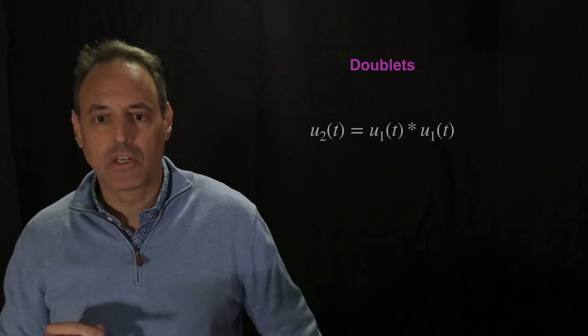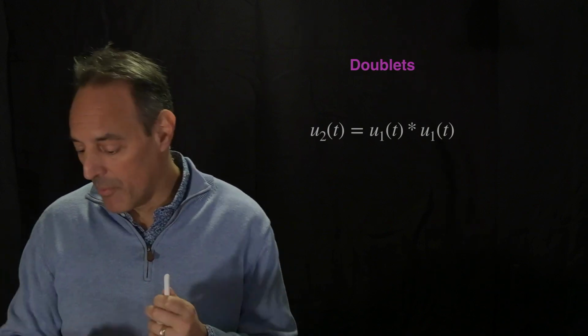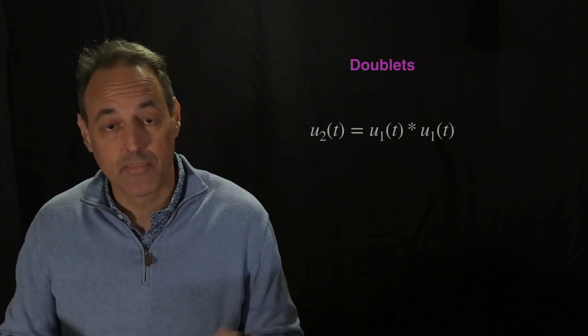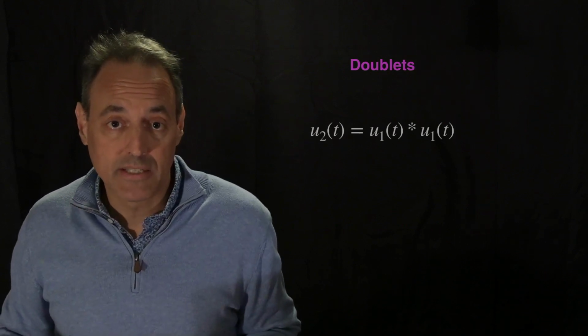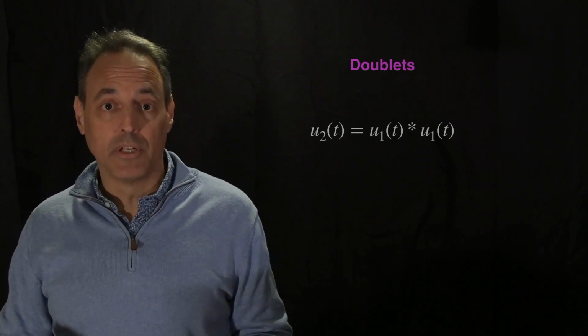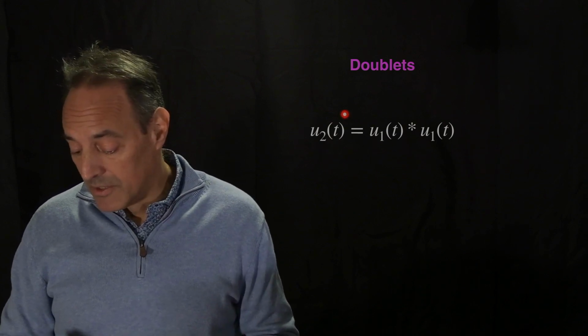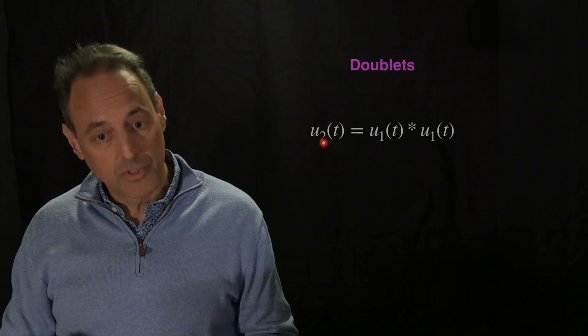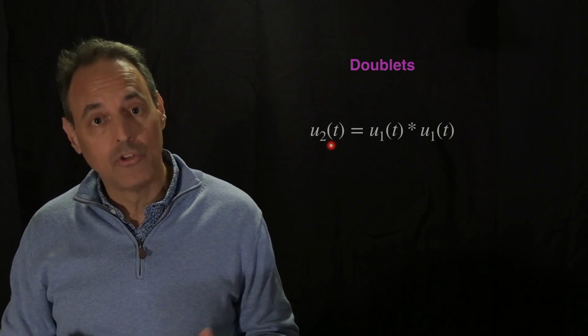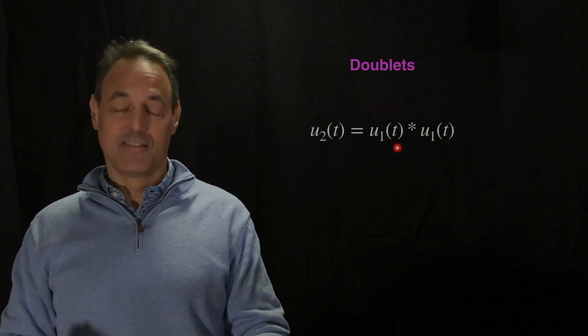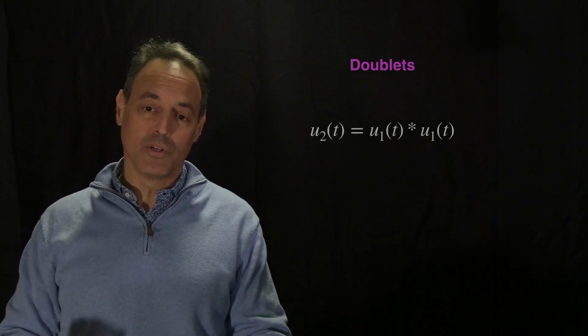And by the way, about the second derivative: we just talked about the fact that in LTI systems we have the associative property and so forth. This, which produces a second derivative, u2(t), is basically a convolution of u1(t) with u1(t).